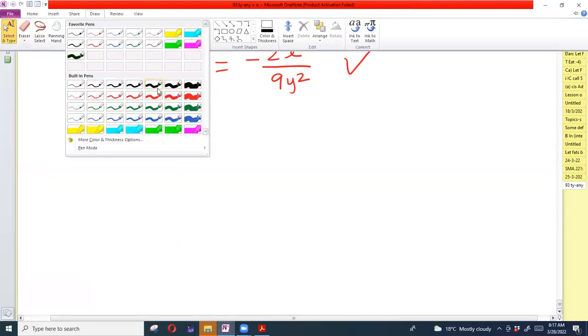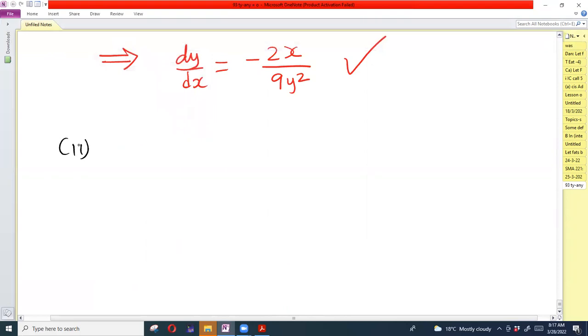Now part 2. So we have x squared y plus 2x cubed y equals x plus y. First step, apply d/dx.